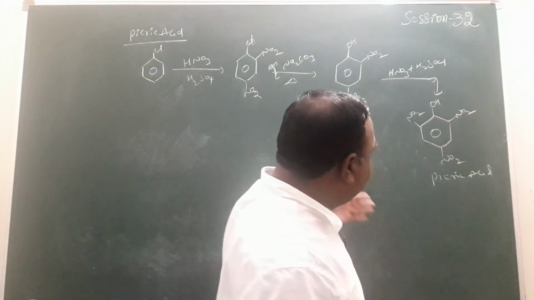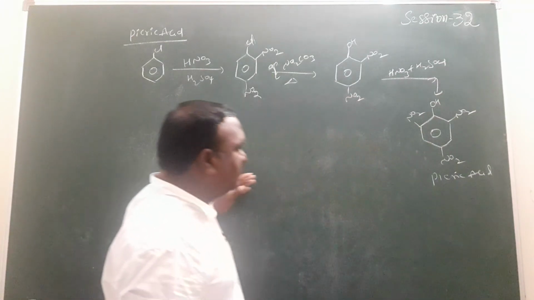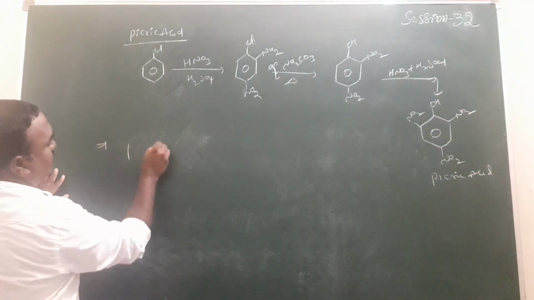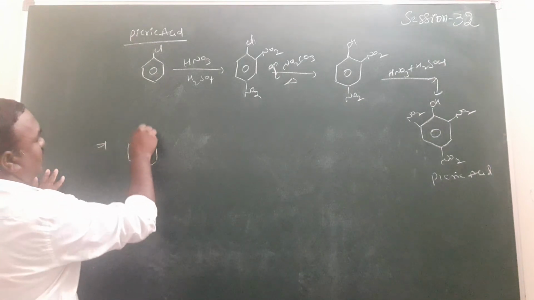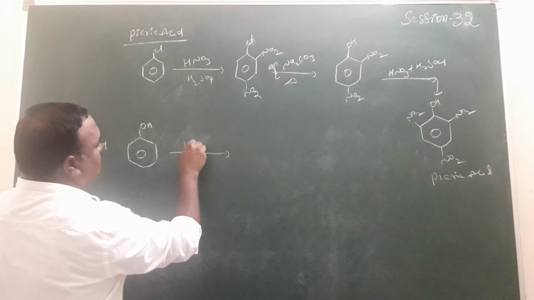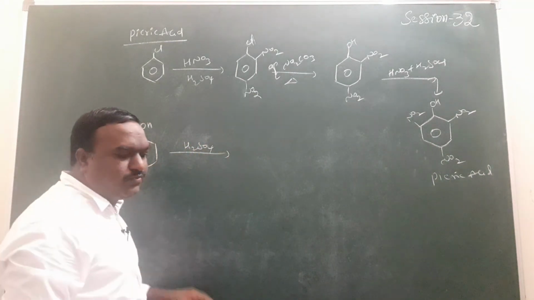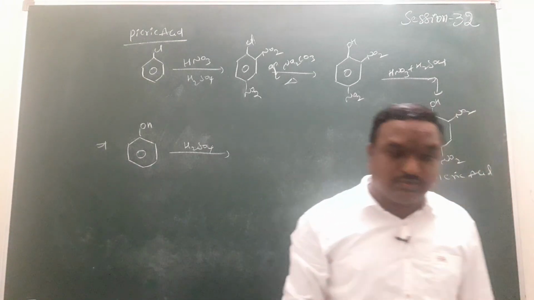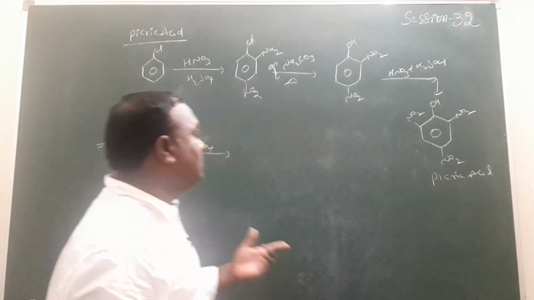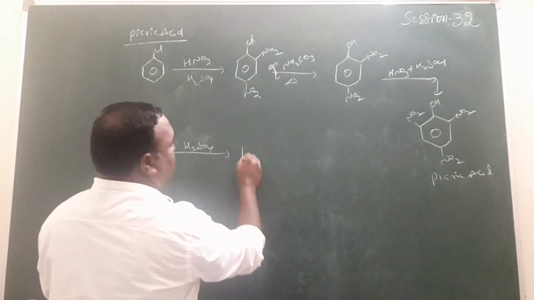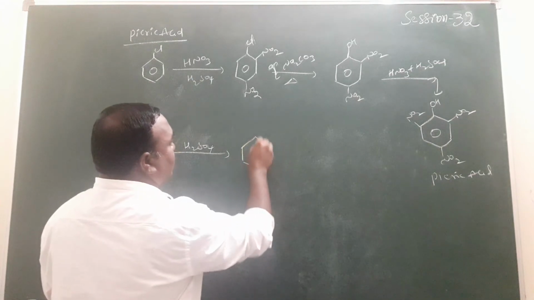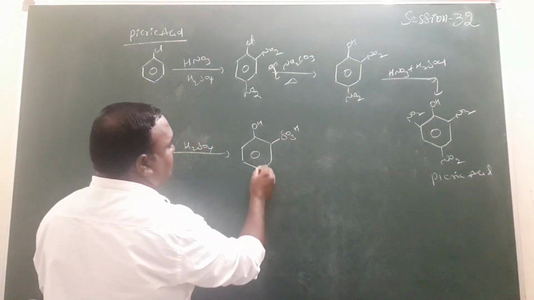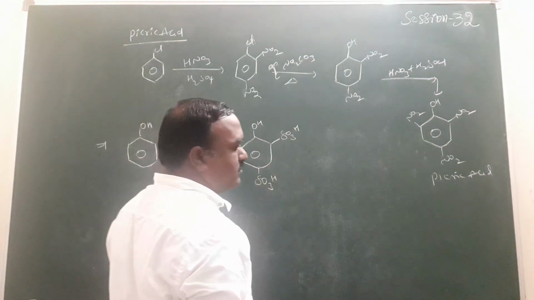Another method, we have already discussed. A phenol compound reacts with H2SO4. H2SO4 means what type of reaction? Electrophilic substitution reaction. A mixture of compounds or a single compound doesn't matter. Disubstituted sulfonic acid is formed here, SO3H and again SO3H.